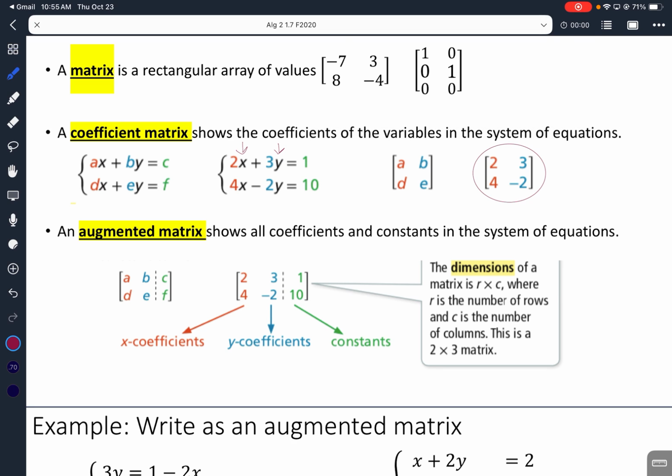Okay, so an augmented matrix. Lots of definitions here, and I will use the words continuously. The A, B, D, E are coefficients when you don't know what they are. But 2, 3, 4, -2 is an example of a coefficient matrix from this original system right here.